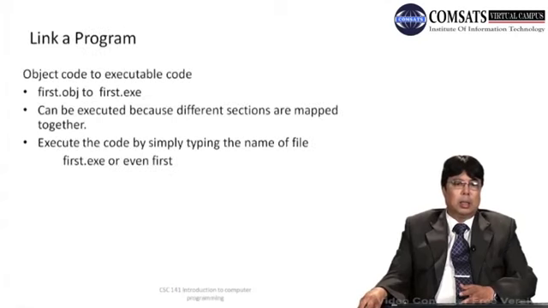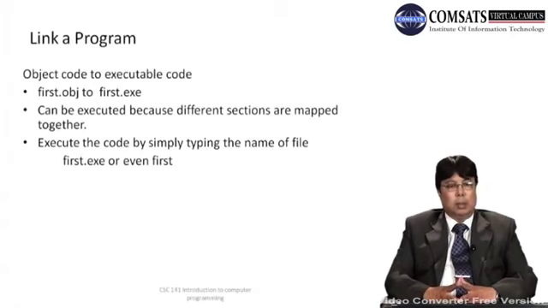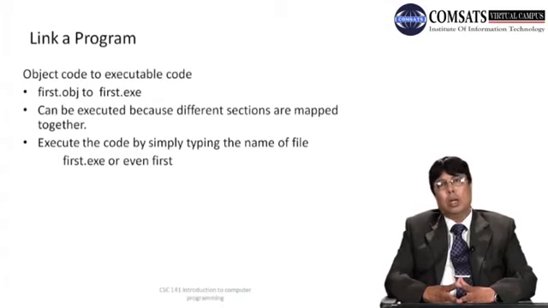Next step is, okay, quickly repeat. As I said, the compiler translates source code to object code, whereas the linker translates the object code to the executable code. So if you have a program named first.cpp, which was your source code, and you have compiled that program, the compiler will output the result in first.obj.